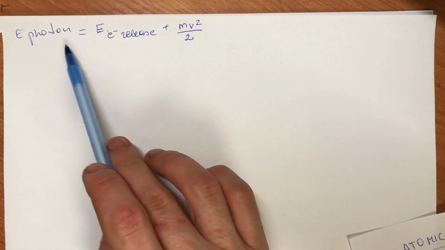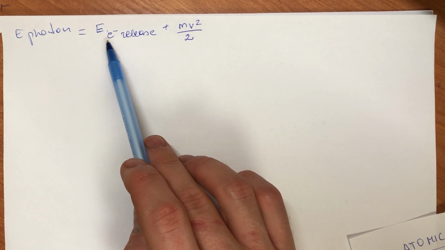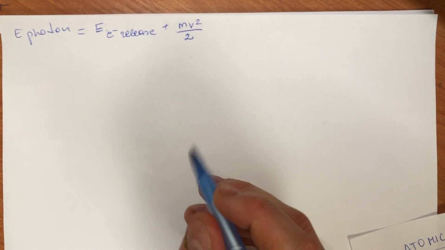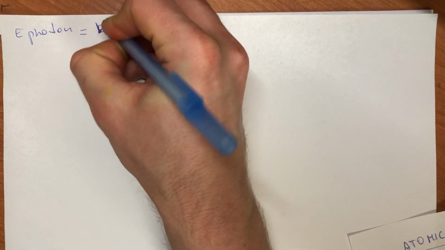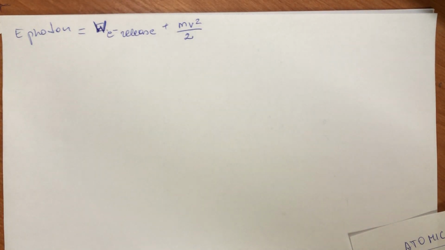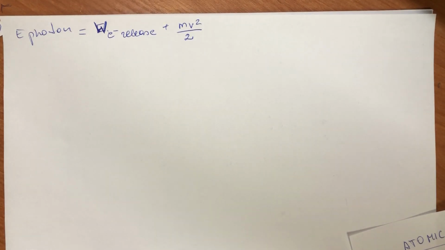So the photon energy became the work needed. Let's maybe write: work needed to release the electron and give it kinetic energy.